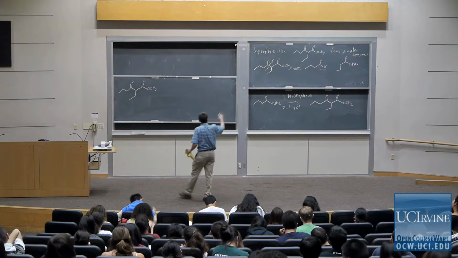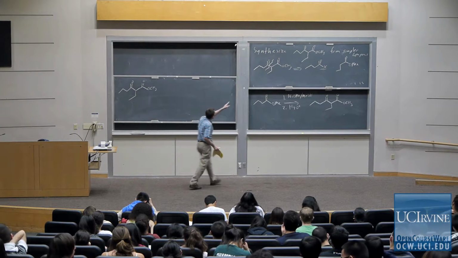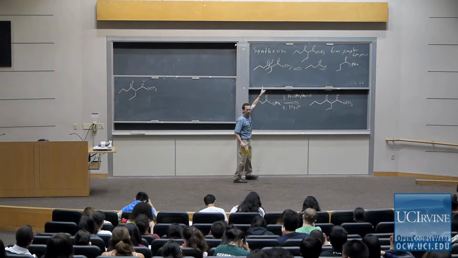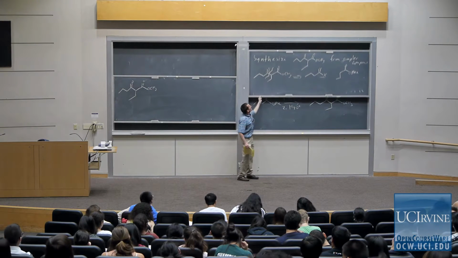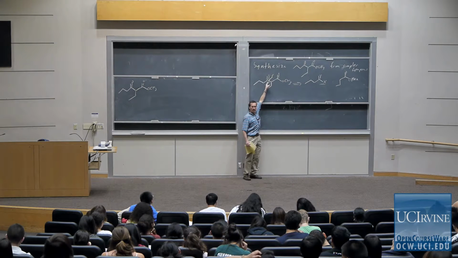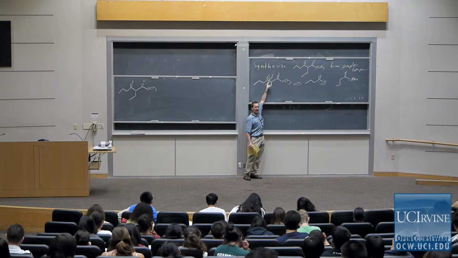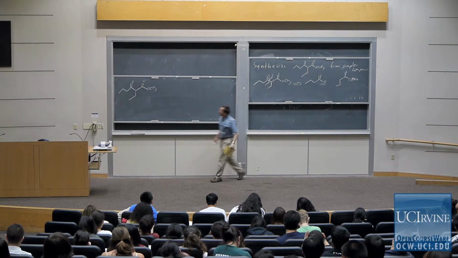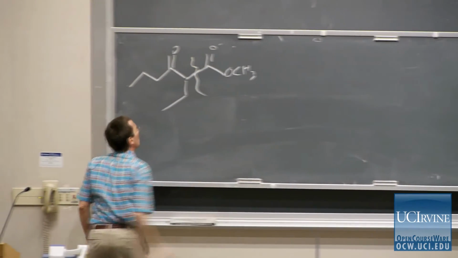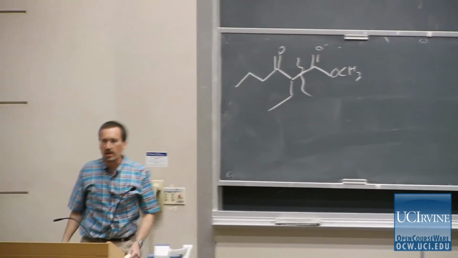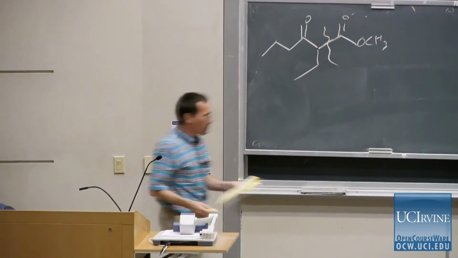And so one person can look at the alpha-beta unsaturated carbonyl compound I've drawn here and say, I'm going to break this bond between the alpha carbon and one of the carbonyls. And another person can look at the same molecule and say, I'm going to break that other bond.